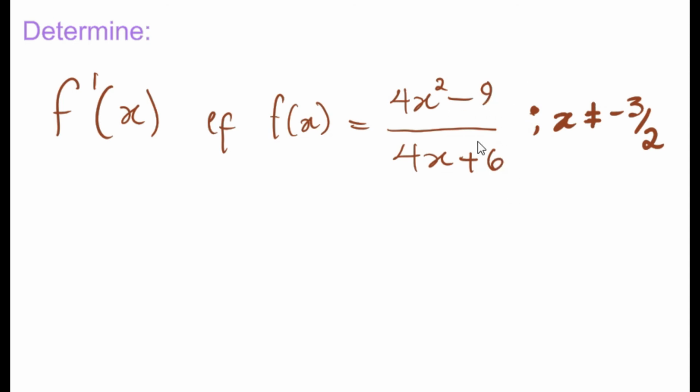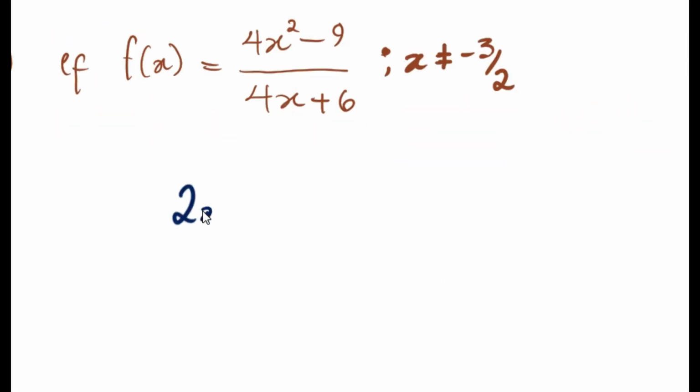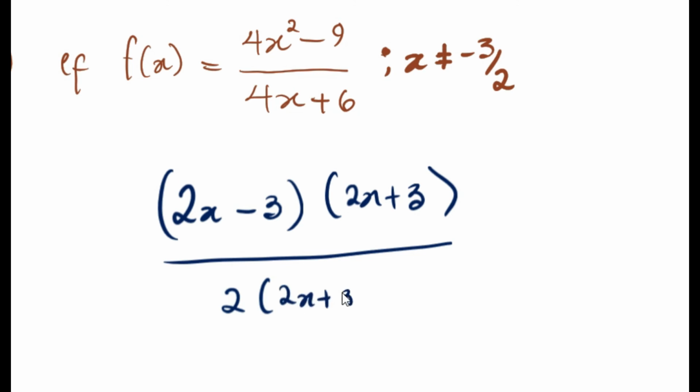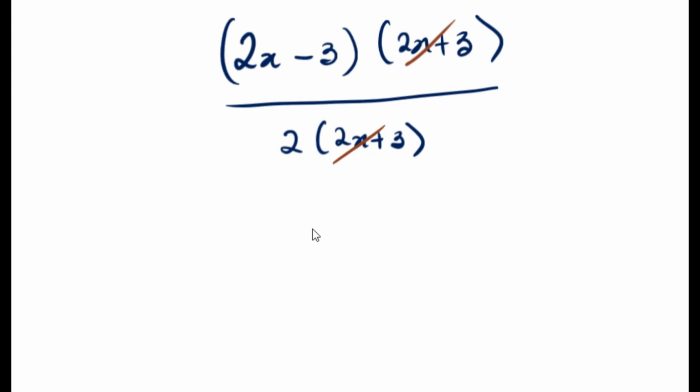The numerator, we can factorize it using difference of two squares. Now the denominator is the basic kind of factorization. You just have to bring out a common factor and you're going to have, now we obviously see that the numerator and denominator have something common, so we can cancel, which would give you, and this is what is left.